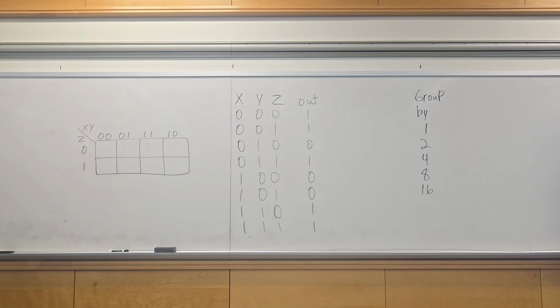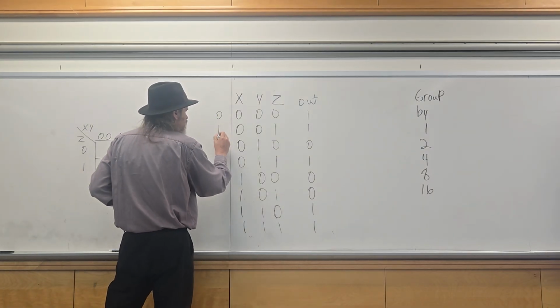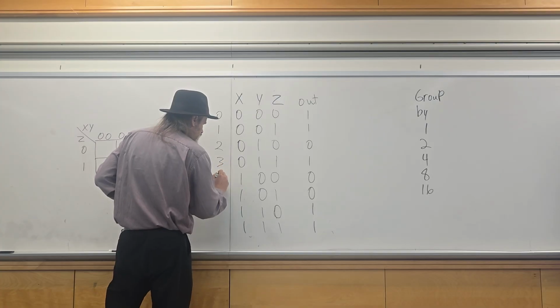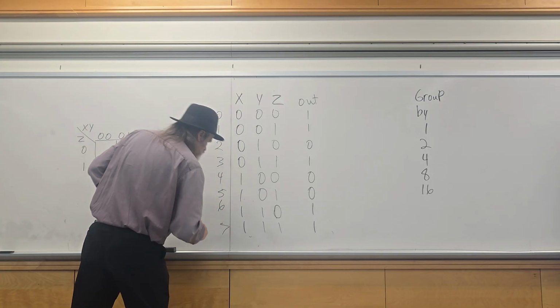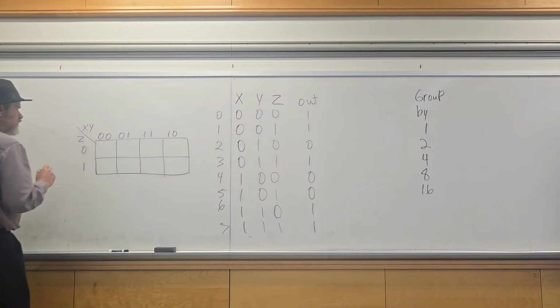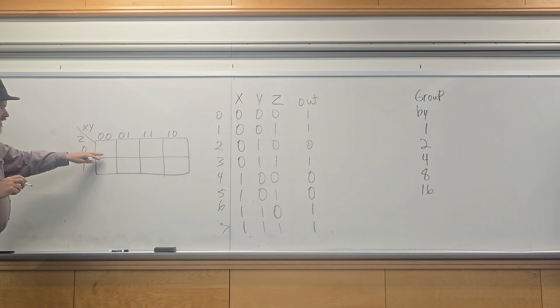Now, you can look at these as the binary numbers here: 0, 1, 2, 3, 4, 5, 6, and 7. And you would put those in the proper square on the K-map.